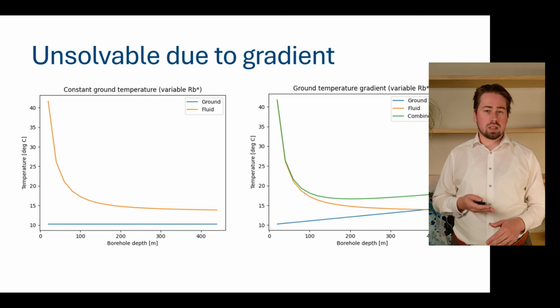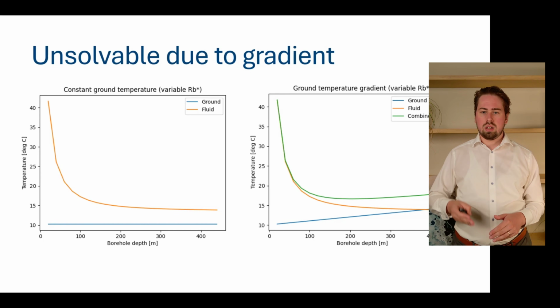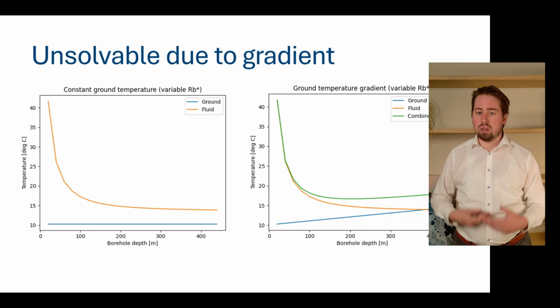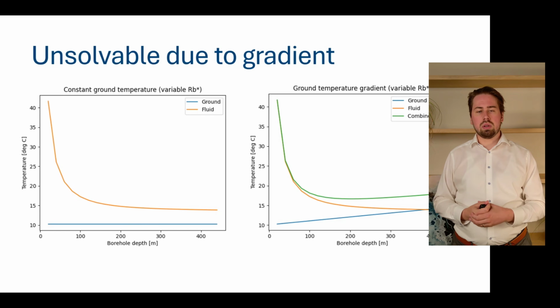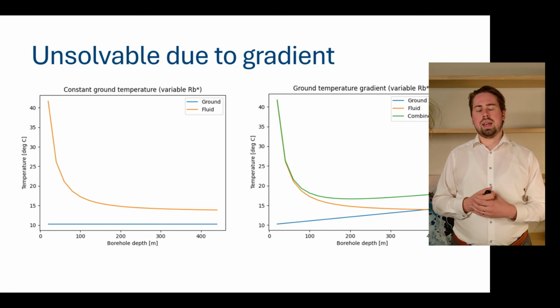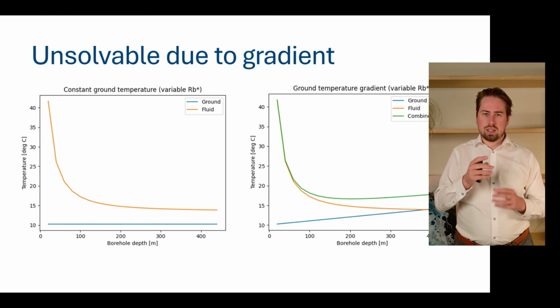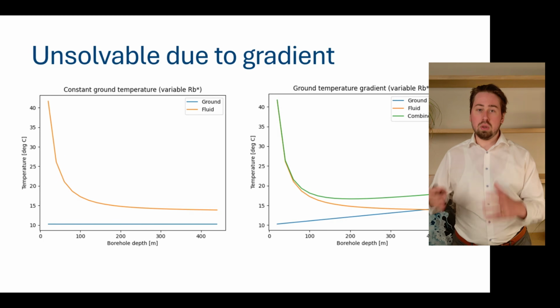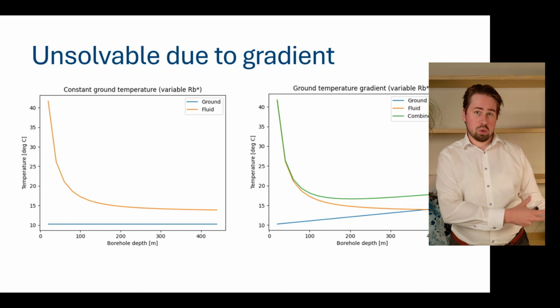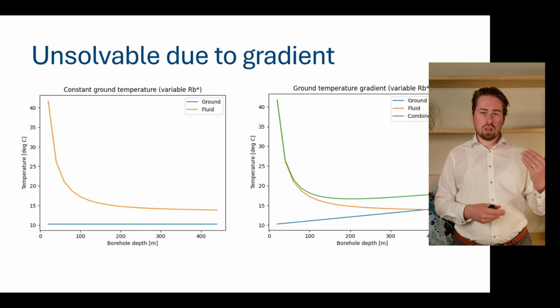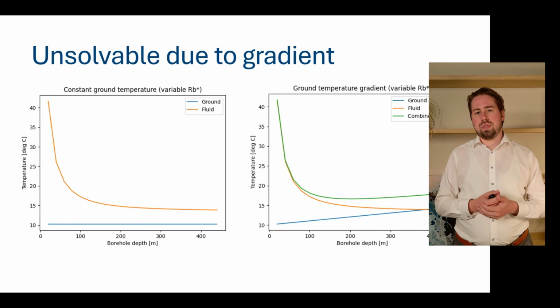When you're working with a ground temperature gradient, you again see this orange line going down because we're drilling deeper. But now you also see your ground temperature increasing with the borehole depth. And this green line is actually the combination of both effects. So our ground temperature becomes warmer if you drill deeper, but also your fluid temperature becomes closer to the ground temperature.